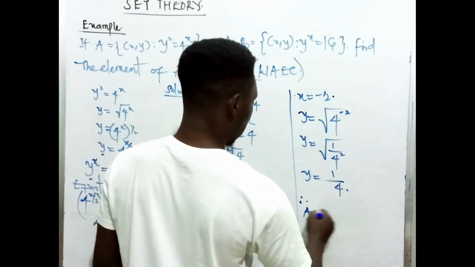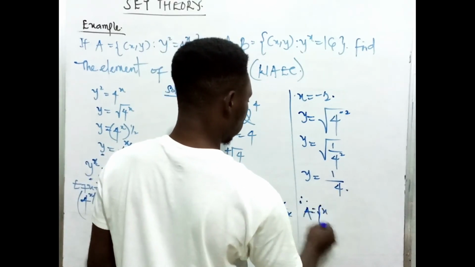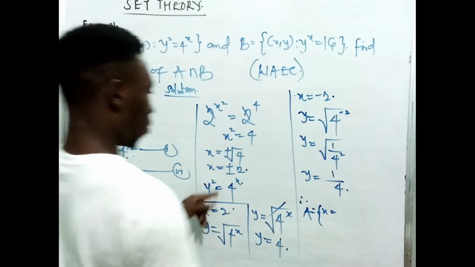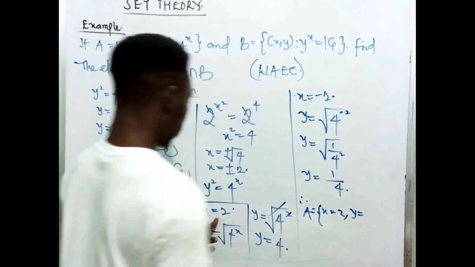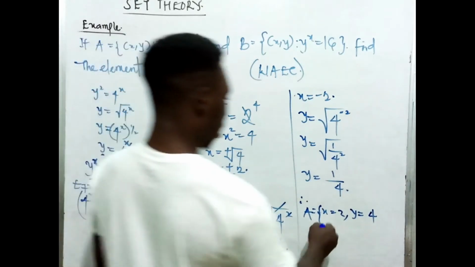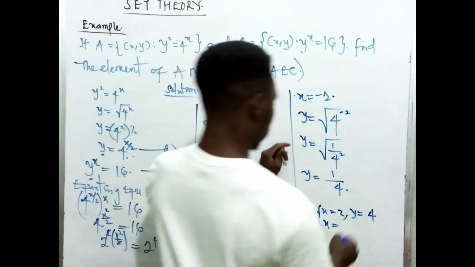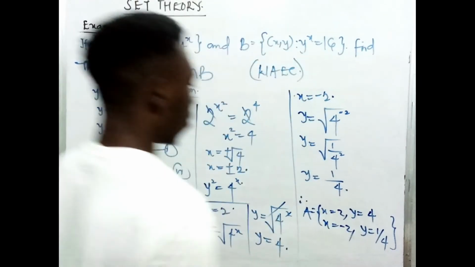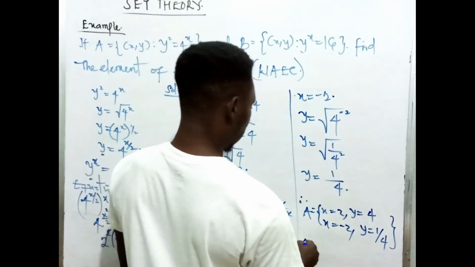Therefore, when x is equal to positive 2, your y is equal to 4. When your x is equal to minus 2, your y is equal to 1 over 4. This is the same thing for A, and also for B.